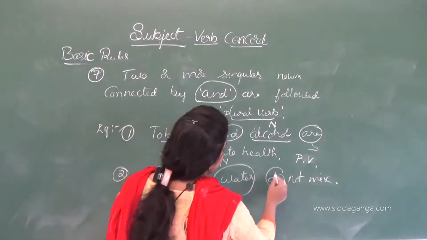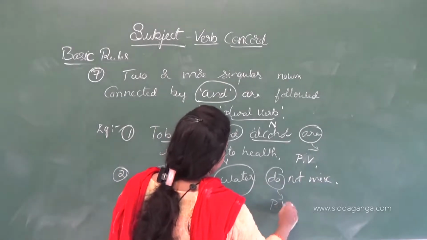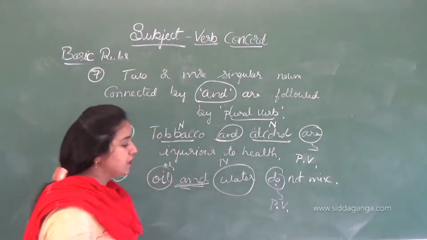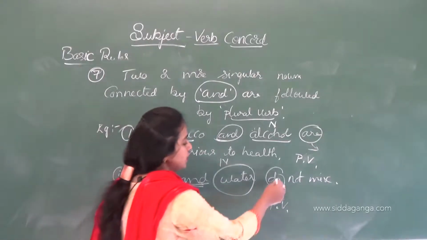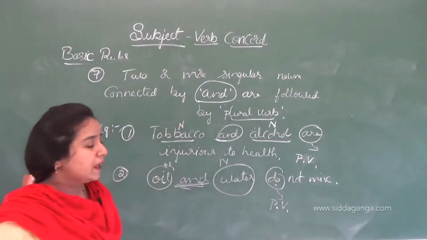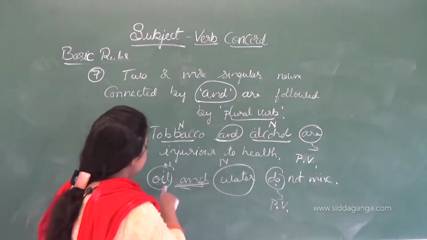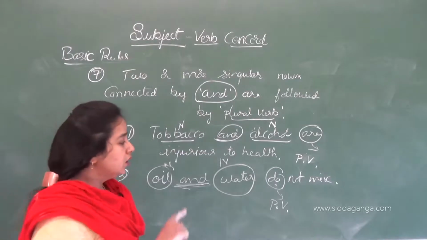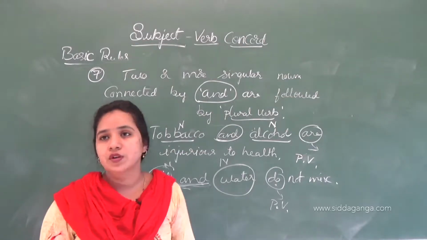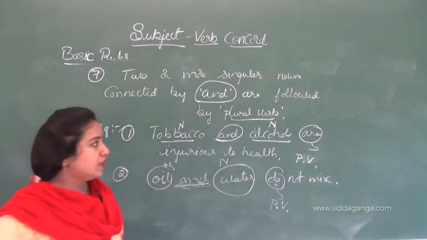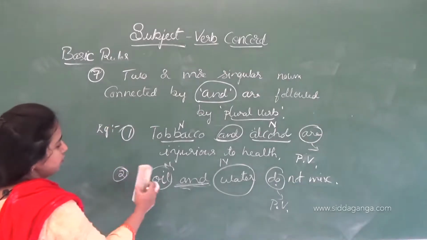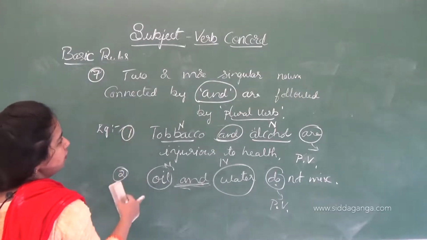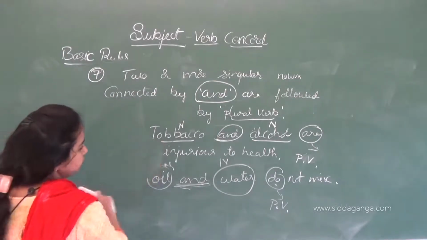So the helping verb is in plural. It is not used as "does not mix", because these two are connected with and. So the verb should be a plural verb. Now let's see the last rule.